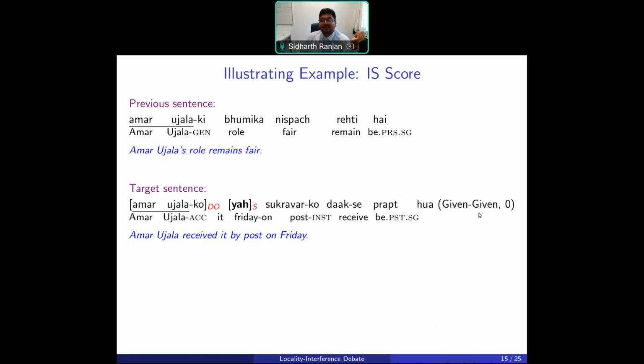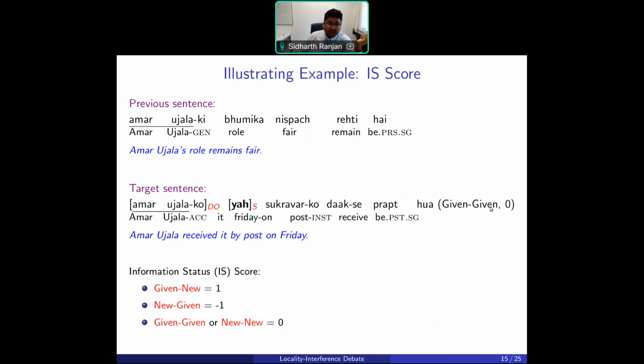So this sentence has a given annotation. Now we numerically annotated with scores. Given-new information is given a +1 score, new-given information is given a -1 score, and given-given or new-new are given a 0 score. So if a sentence has givenness adherence, then the IS score, the information score, will be +1.